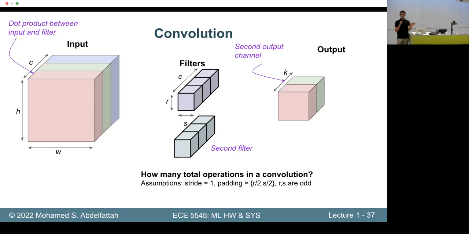That means I can perfectly sweep the filter across every pixel of the image, and stride equals 1. So using these symbols, H, W, C, R, S, K, what is the number of operations that I need to do? Multiplications and additions. If you think about it for a minute, maybe type an answer in the chat once you have it.